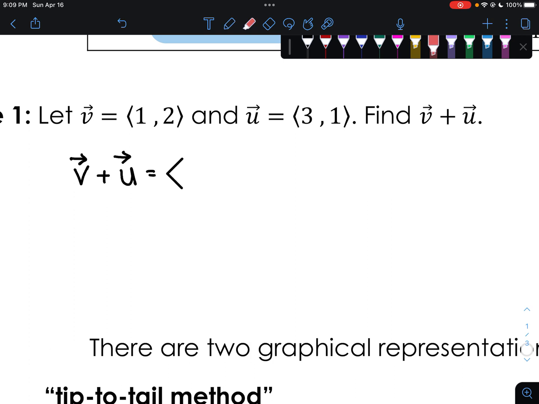So remember, we're going to do 1 plus 3. 1 plus 3 is 4. Then I'm going to add 2 plus 1, and that gives me 3. And that would be my solution to vector v plus vector u.